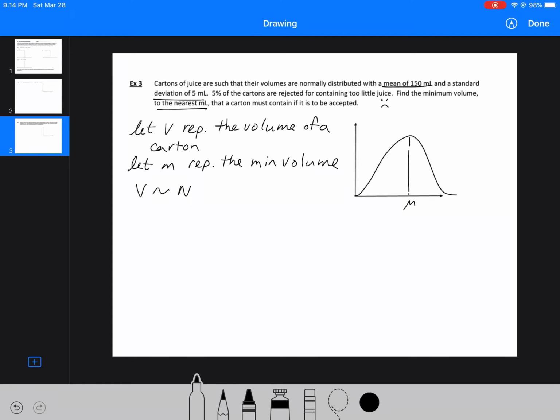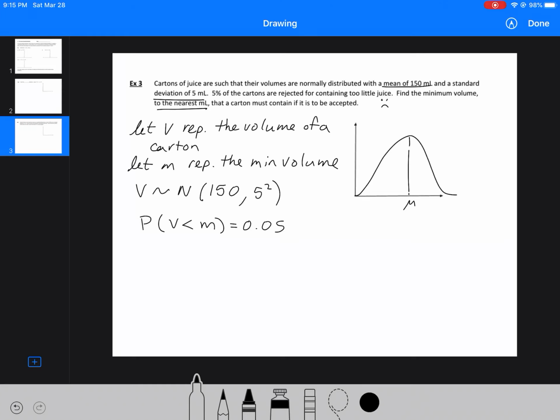So then I can write my normal distribution, V, as a normal distribution with defining parameters 150 and 5. And then my probability statement is, what's the probability that a volume is less than my desired value of M.